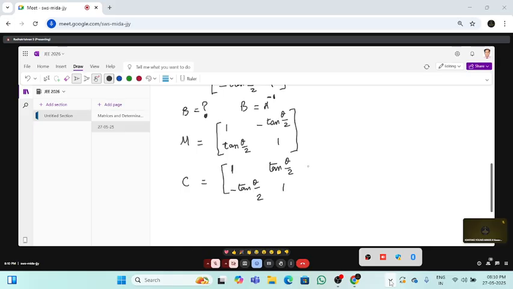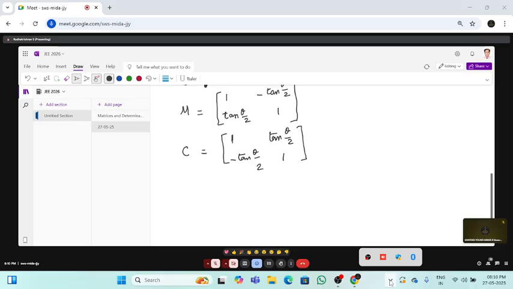It doesn't change here. This is your cofactor. Next, adjoint. You transpose this, you get adjoint. One, minus tan theta by 2.